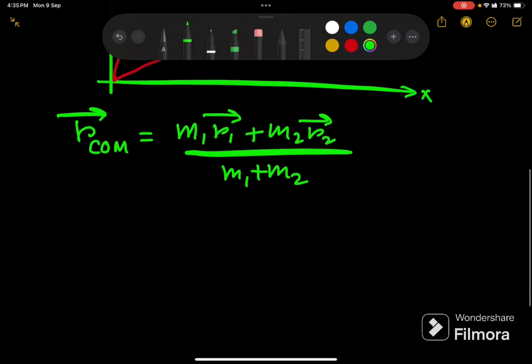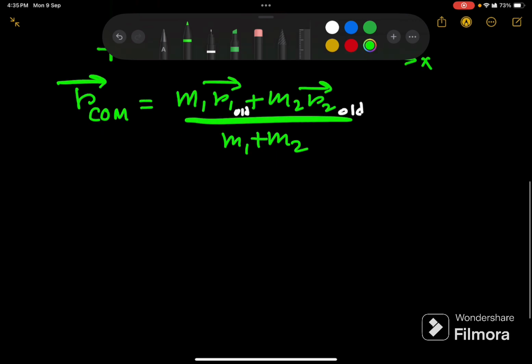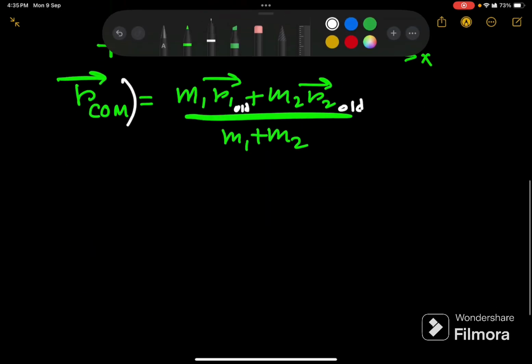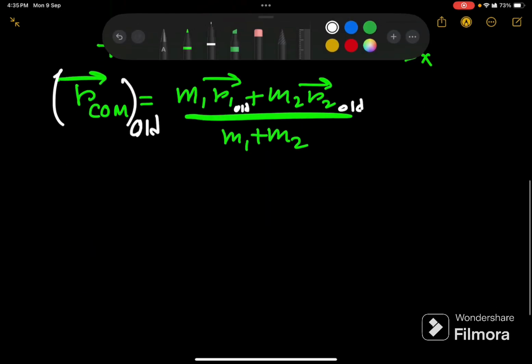You already know that, but it was the old one, and now the new one comes like this.